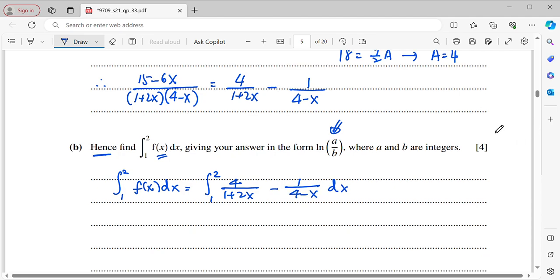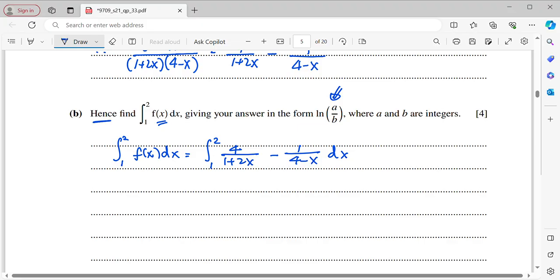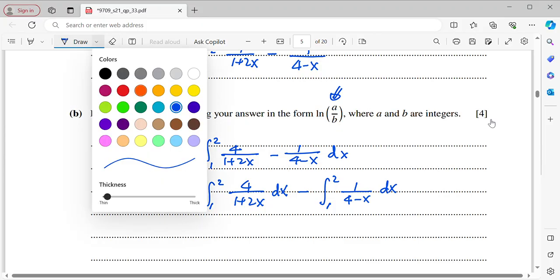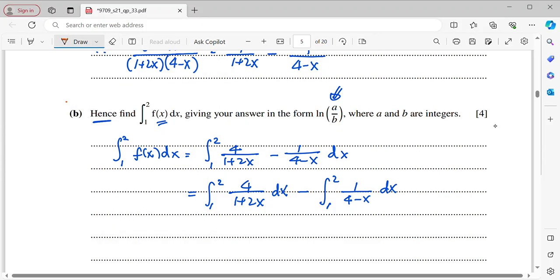Okay, so from here, I will split it into two integrations. So here is going to be integrate from 1 to 2 of 4 over 1 plus 2x dx minus integrate from 1 to 2 of 1 over 4 minus x dx. Now when you look at the rational function here, especially the denominator, this is basically degree 1.